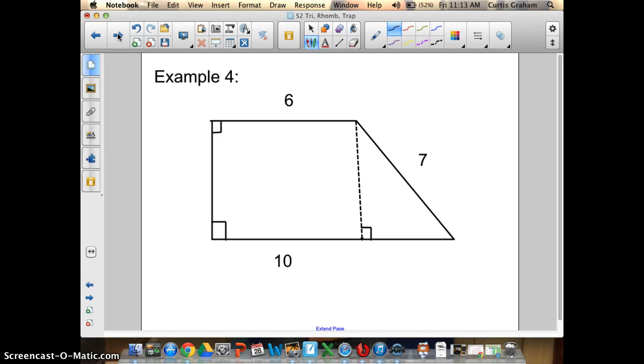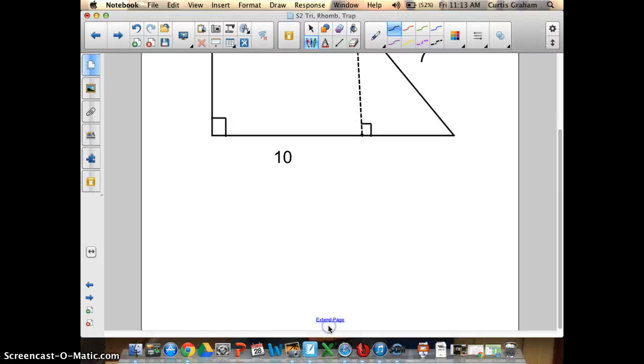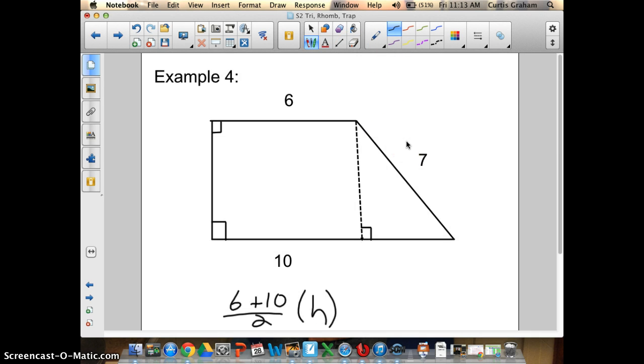Alright, one more example. One more trapezoid. Going to again set it up with what I know. My bases are 6 and 10. And my height I'm going to have to solve for. Looks like I didn't give you enough information, so I'm just going to fill that in to be 45. All right.